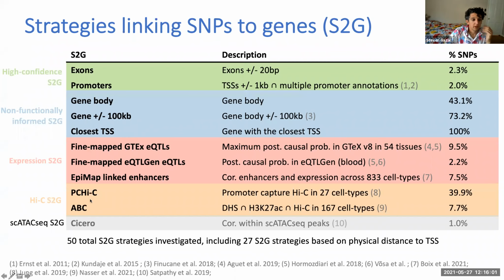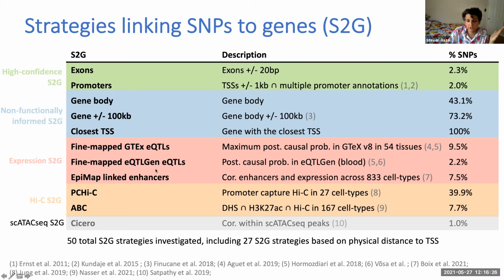Sorry. I've considered different strategies based on gene expression. I have 2 fine-mapped eQTL studies, the one from GTEx. In GTEx, you have around 500 individuals in 50 tissues, and I'm just keeping, for each SNP, the highest probability to be an eQTL of a gene in a given tissue.